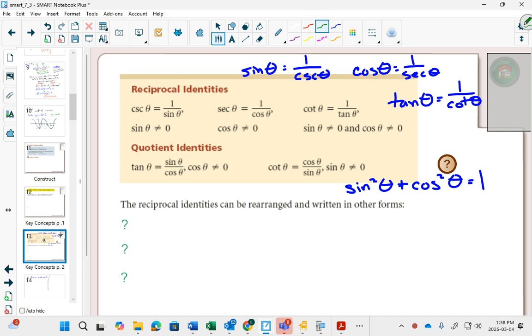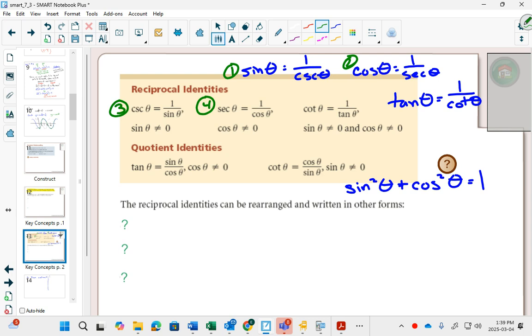So for example, we go through all 6 of them, starting with, well, obviously sine and cos, if those are 1 and 2, you don't have to change them. They're already sine theta and cos theta. But if I go to cosecant, does it make sense that I can change cosecant to 1 over sine? I can change secant to 1 over cos.